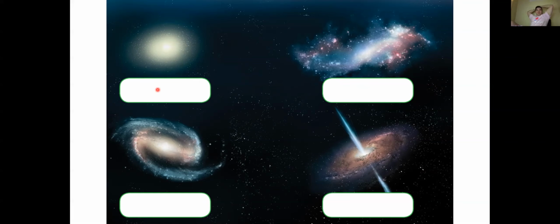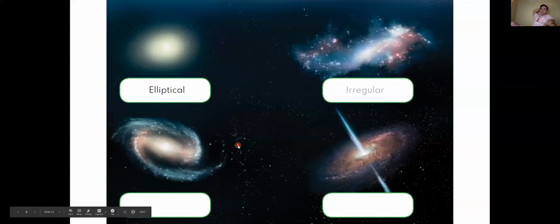All right, let's see what everyone else says. The answer is, it is an elliptical. And then the quasar is this one. The black hole is in the center. You can't see it from this angle, and it actually sort of shoots out light. Elliptical, irregular, spiral, quasar.